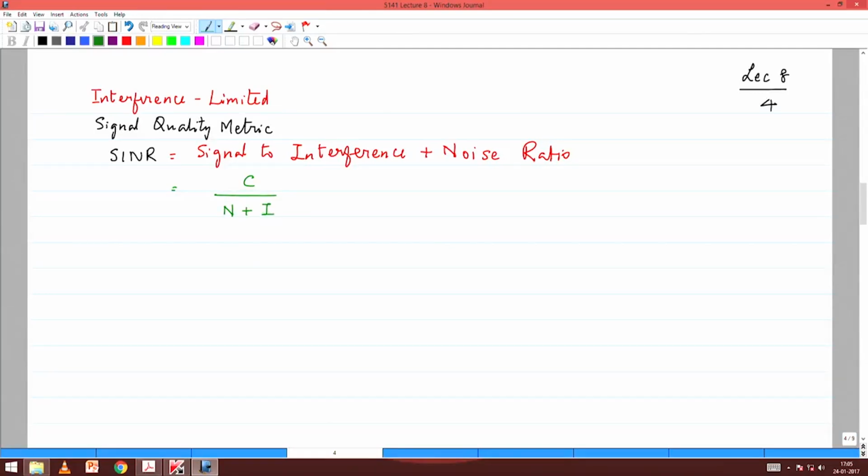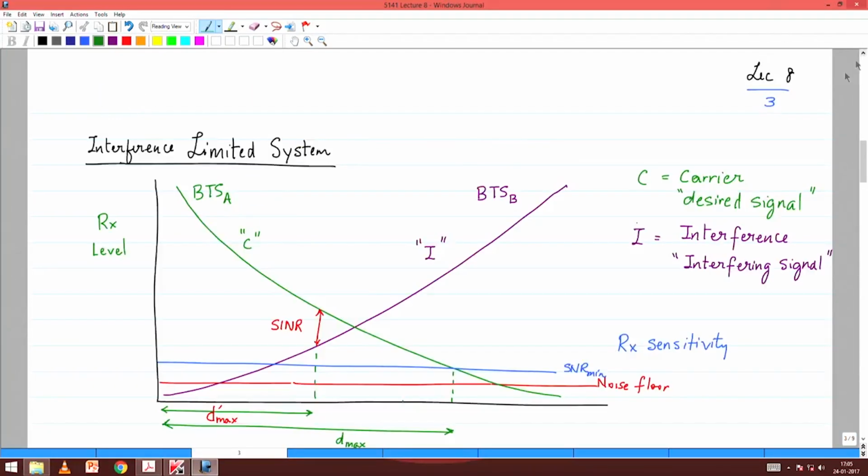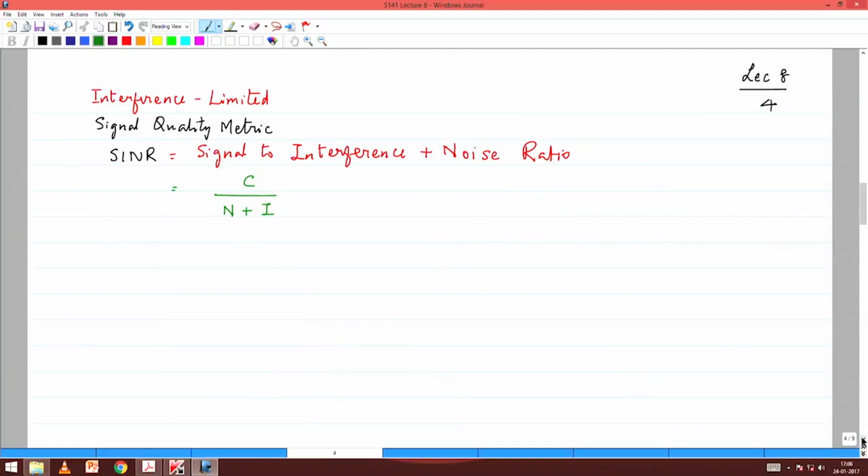Now in the previous figure that we drew, I would like you to pay notice to the following aspect, that the interference is at a higher level than the noise. So in some sense the interference dominates over the noise.